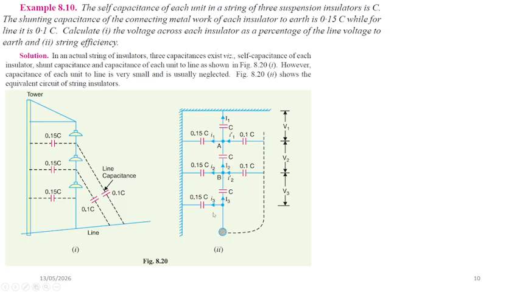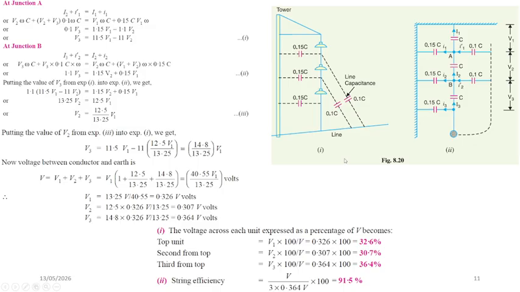This unequal distribution reduces the overall performance of the string and affects its string efficiency. In general, this example demonstrates how capacitance influences voltage grading in suspension insulators and emphasizes the need for methods such as grading rings or capacitance control to improve voltage uniformity and increase insulation reliability in high voltage transmission lines. So this slide explains the voltage distribution and the solution for the example.